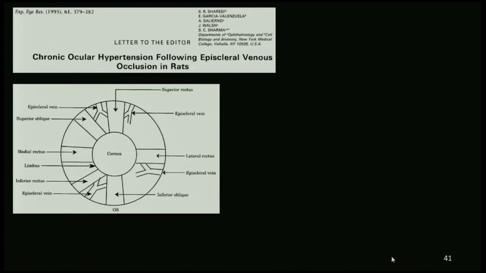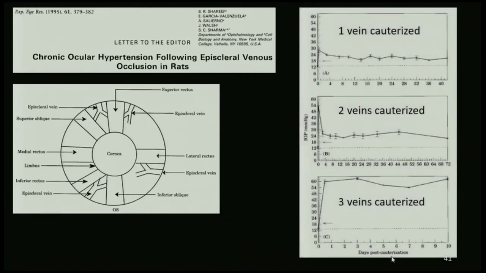But again, you have to be very careful because if you're lasering vortex veins and you think you're lasering episcleral veins, you might just cause global ocular congestion, because now you're cutting off venous drainage not only of the anterior segment but also the choroid and the retina. So again, you have to be very cognizant of that.